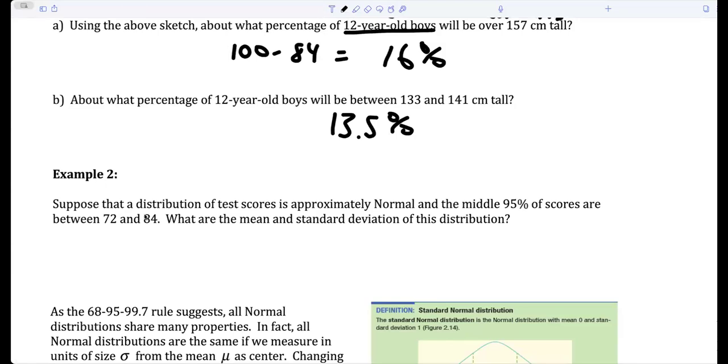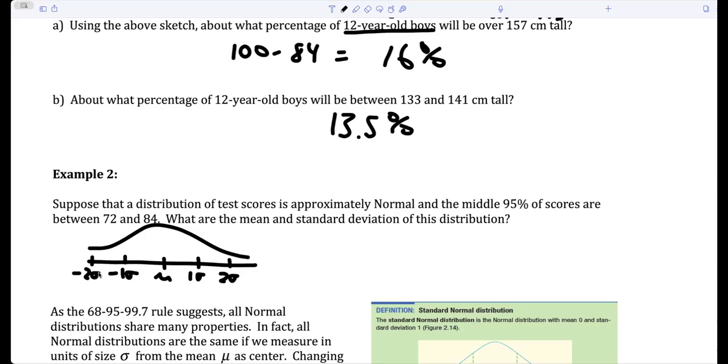It says, suppose that a distribution of test scores is approximately normal and the middle 95% of scores are between 72 and 84. What are the mean and standard deviation of this distribution? So if we draw a quick sketch of a normal distribution, I've got the mean, I've got 1 sigma, then 2 sigma, -1 sigma, -2 sigma.